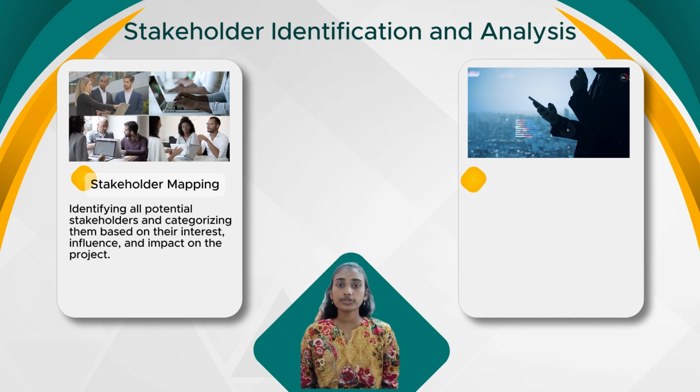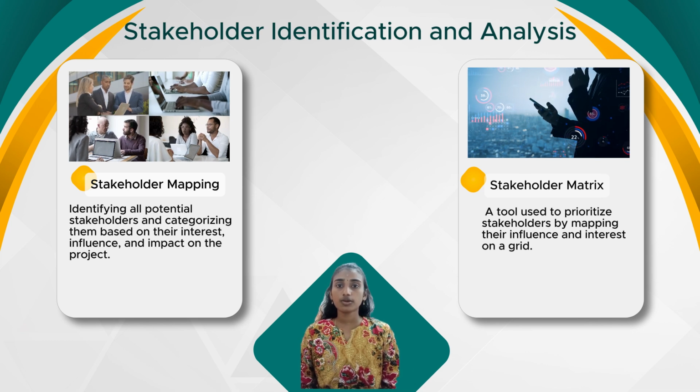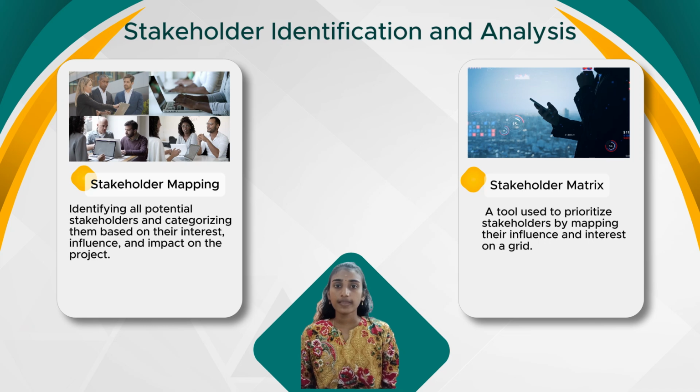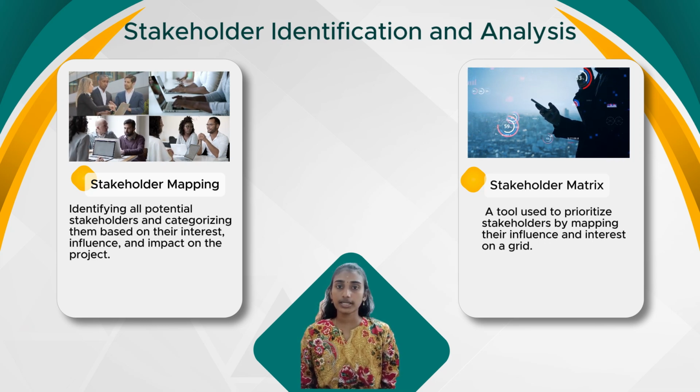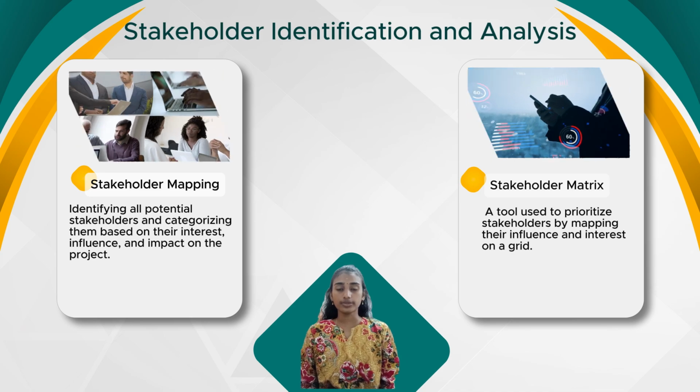Another useful tool is the stakeholder matrix, which helps prioritize stakeholders by categorizing them based on their level of interest and influence. For example, high priority stakeholders, with high influence and high interest, require more frequent and detailed communication, while low priority stakeholders may need less frequent updates.